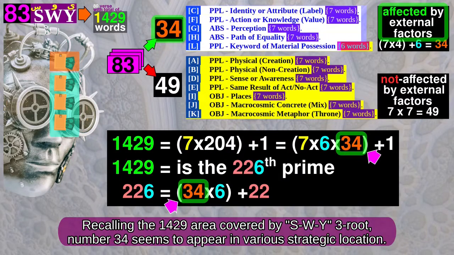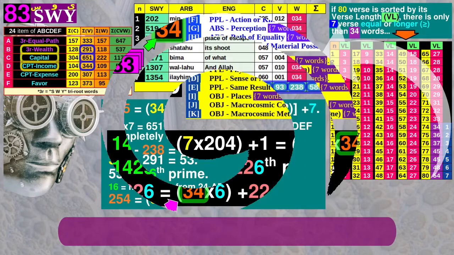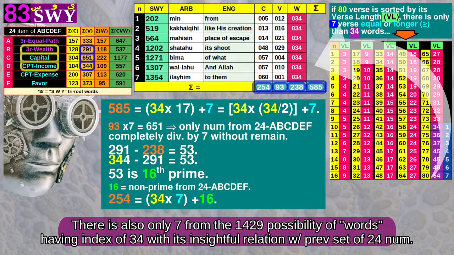Recalling the 1429 area covered by SWY3 root, number 34 seems to appear in various strategic locations. There is also only 7 from the 1429 possibility of words having index of 34, with its insightful relation with the previous set of 24 numbers.